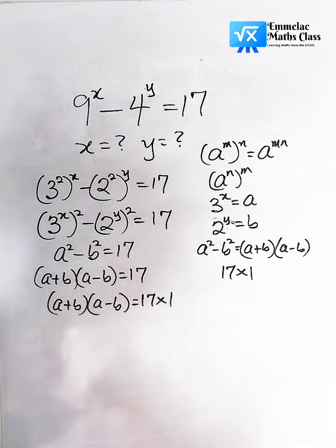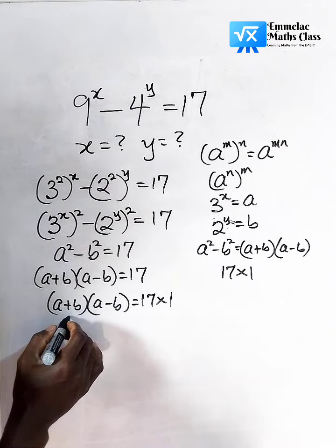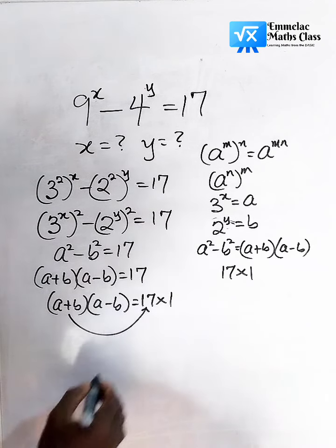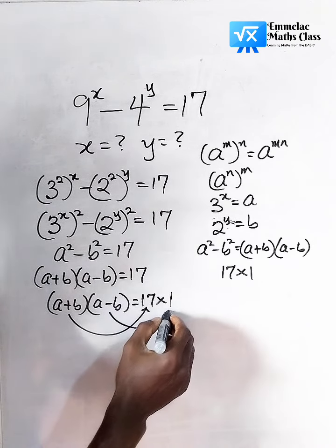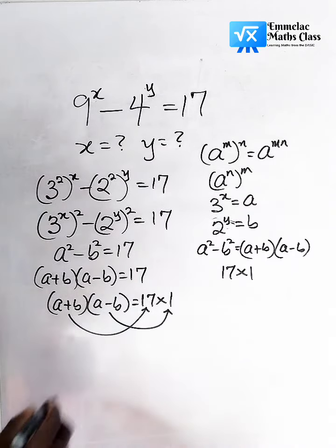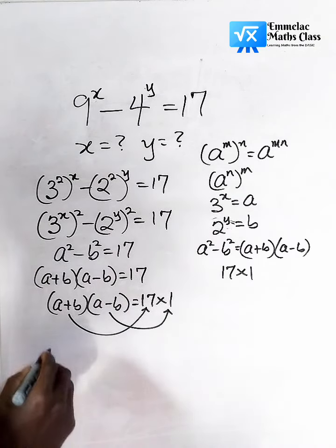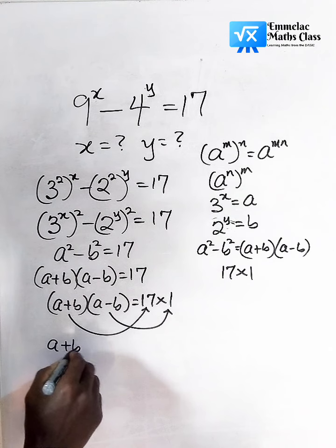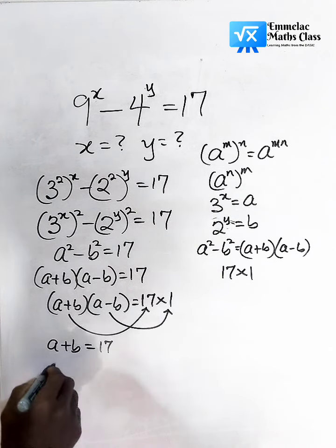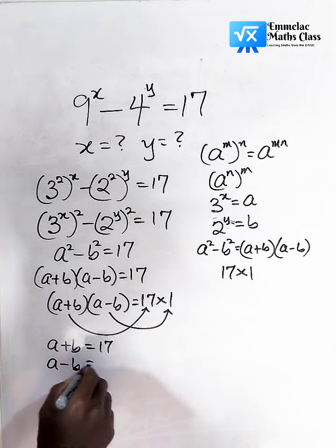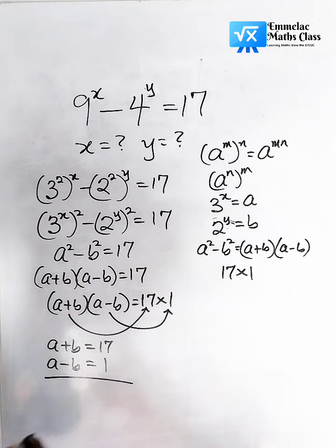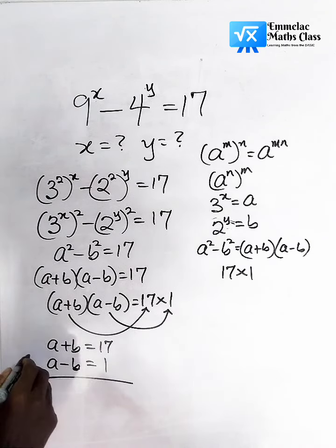And if that is true, then let us equate the sum to 17, which is greater, and the difference to 1, which is smaller. So we can now form the equations: a plus b equals 17 and a minus b equals 1.